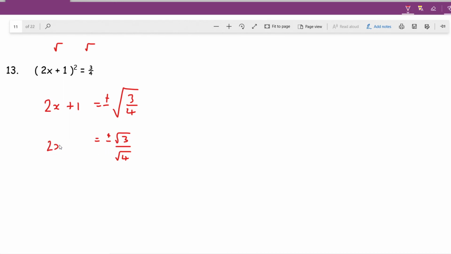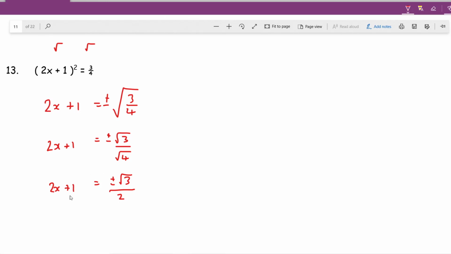Now the reason why I split this up is because I've noticed that 4 was a perfect square number, and if I square root 4 it will give me 2, so you end up with plus or minus root 3 at the top all over 2, and you've got 2x plus 1.